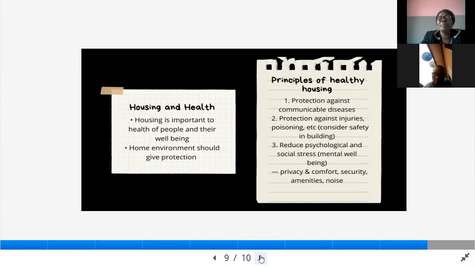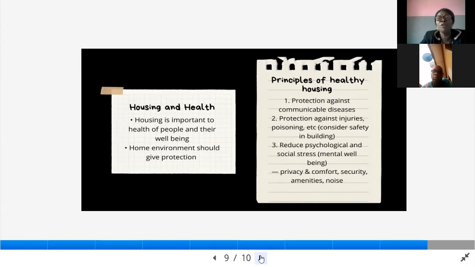You want to look at the principles of healthy housing because our time is running out. Principles of healthy housing. One, protection. A house should be able to protect the family against communicable diseases. A house must protect the children and family against injuries and against poisoning.